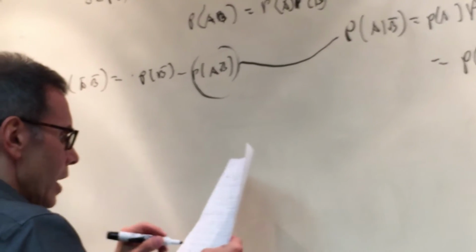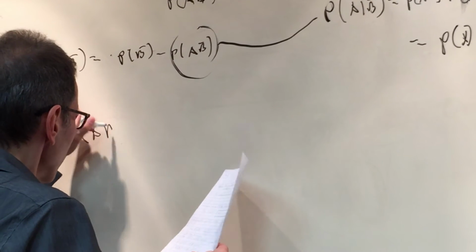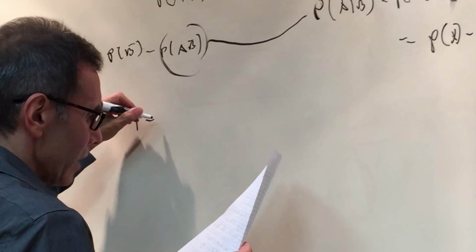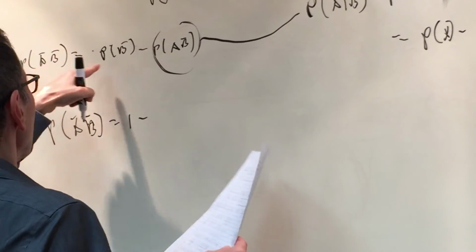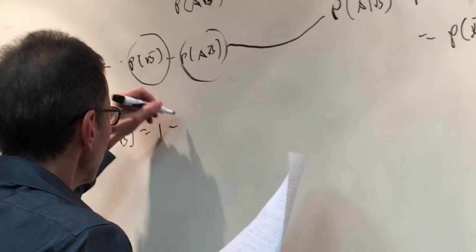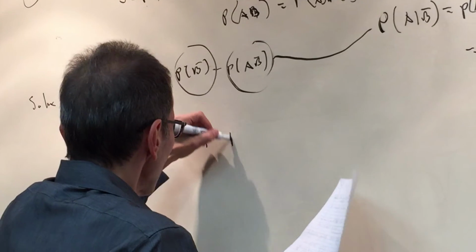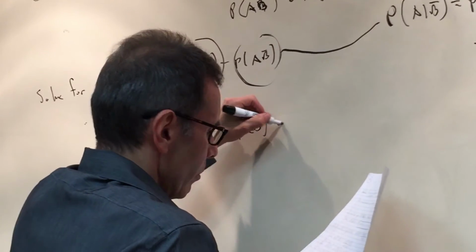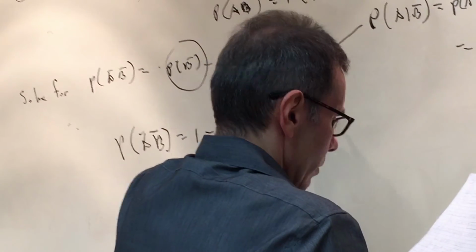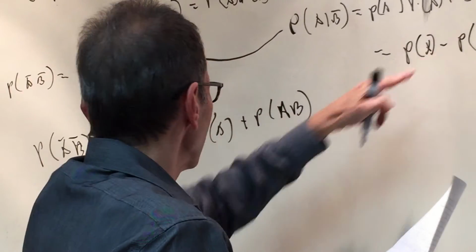We've already solved for A B bar, so now we're going to have probability of A bar B bar is equal to 1 minus, I did another insert for the B bar, 1 minus probability of B minus probability of A plus probability of AB, which we got from here.